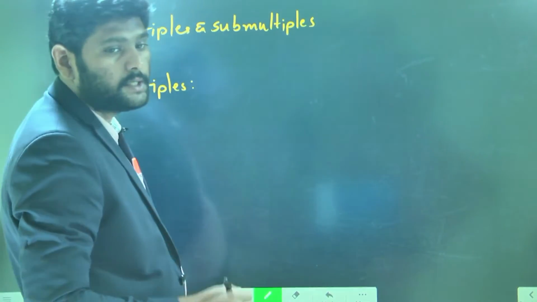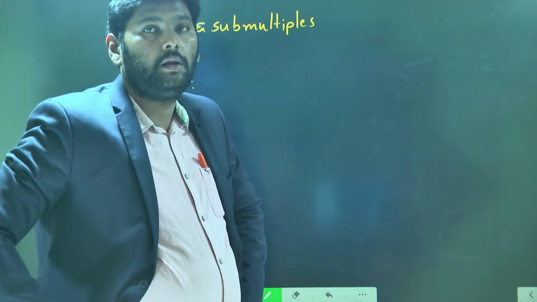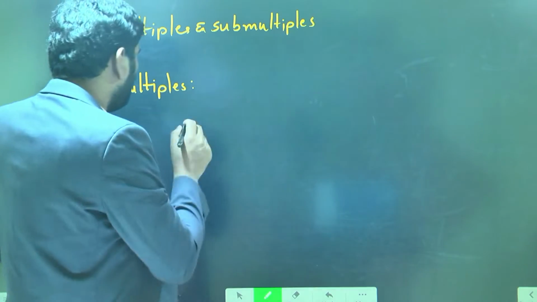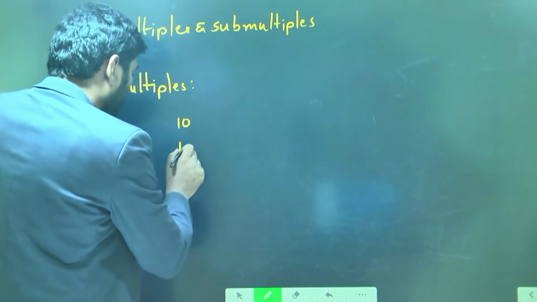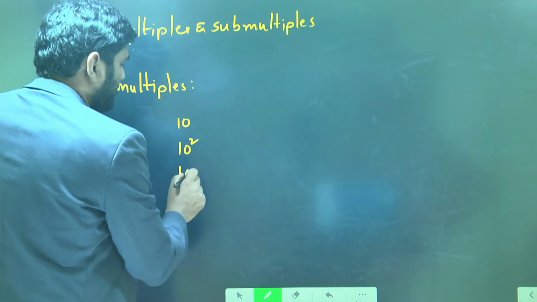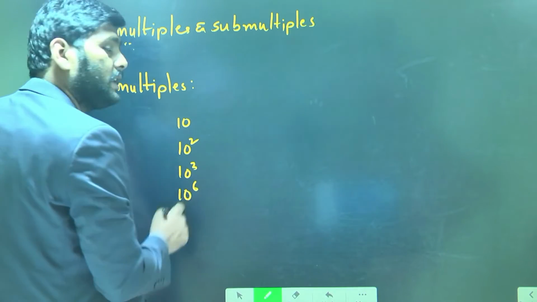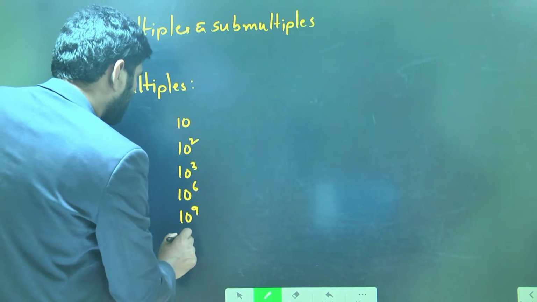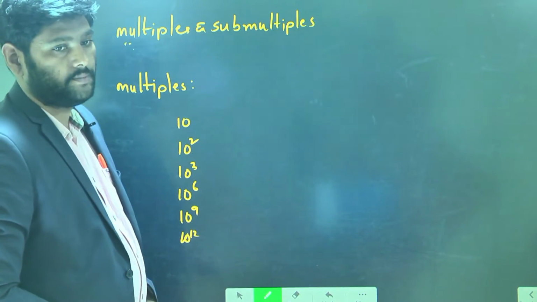Multiples are about 10. For example, first one is 10, later 10 square, 10 cube, 10 power 6, next 10 power 9, and 10 power 12. This is the way we have multiples.